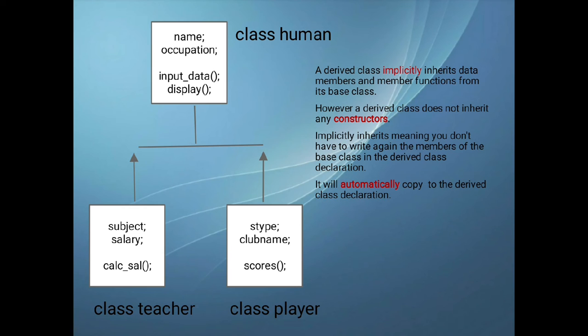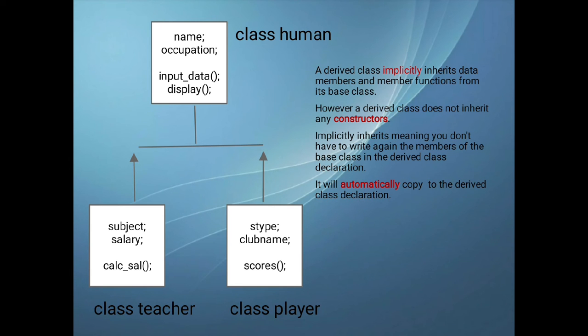So here the derived class implicitly inherits the data members and member functions from the base class. So that means indirectly inheriting. However, a derived class does not inherit any constructors. That we'll see later on. Only the constructor and destructor cannot be inherited from the base class.